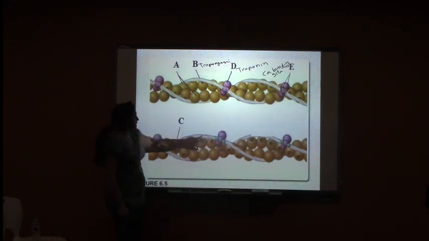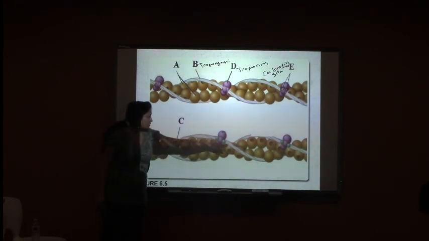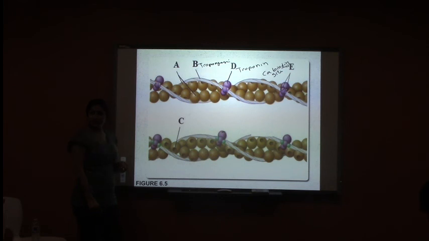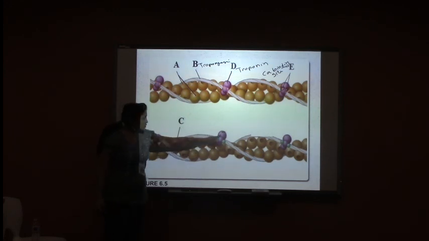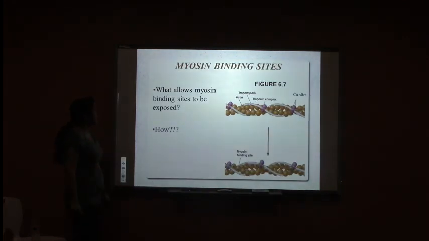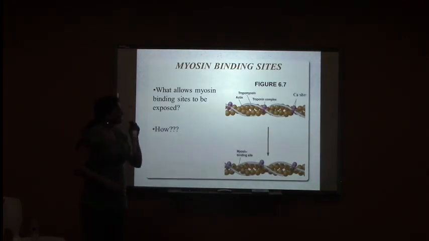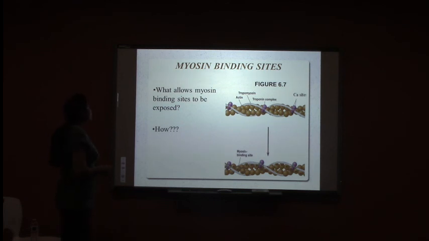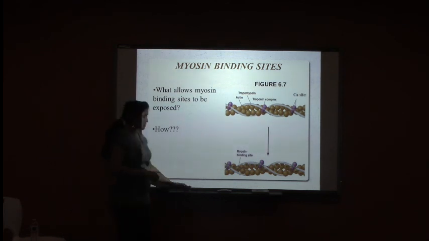As you can see, when the TTC is moved over, you expose the myosin binding sites. This is the TTC, this is troponin, and the green would be the calcium. So what allows myosin binding sites to be exposed?